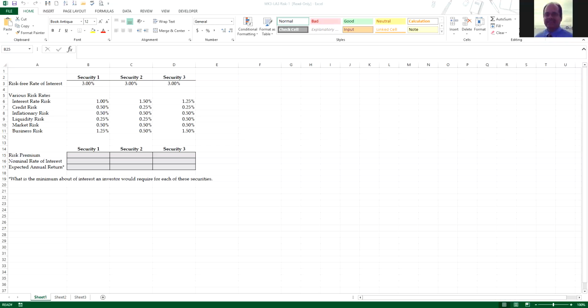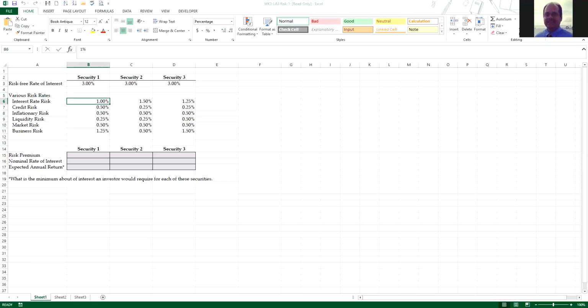I have here your template for the risk exercise assignment, the learning activity. And you can see here that you have security 1 that has 3%, and then you have the various components or the various risks here. Now, the interest rate is made up of the risk-free rate, which we have here as the 3%, and the risk premium.